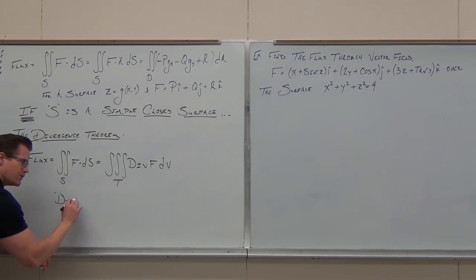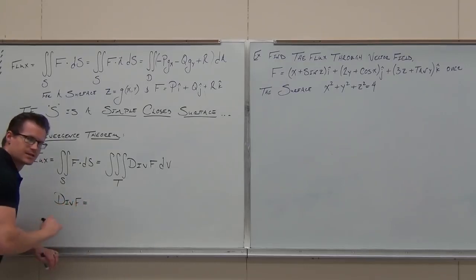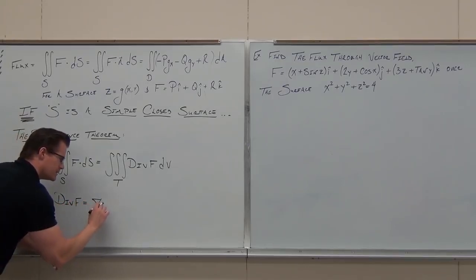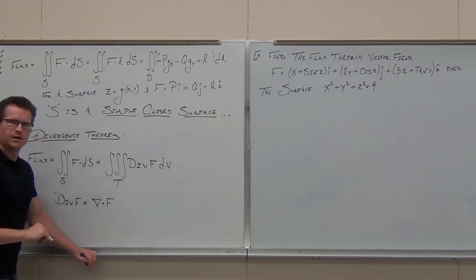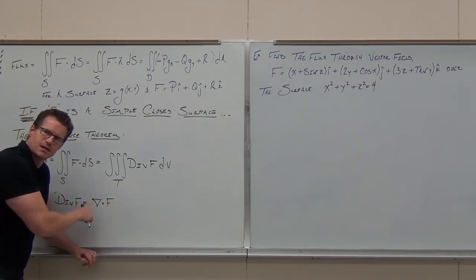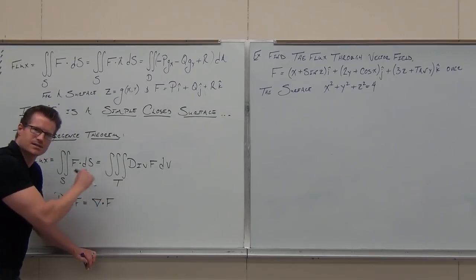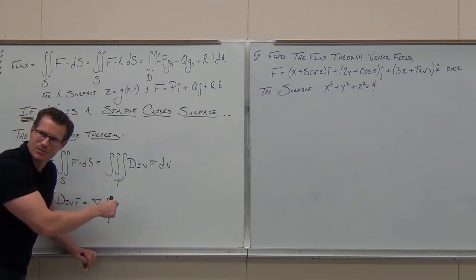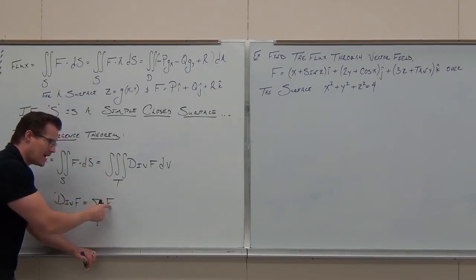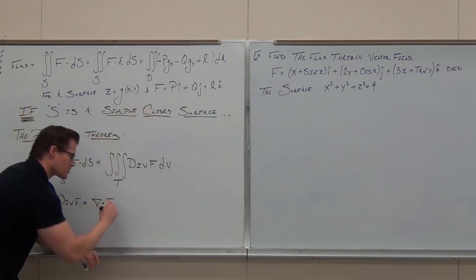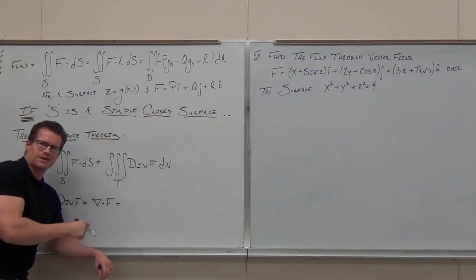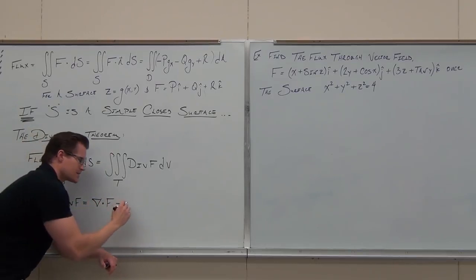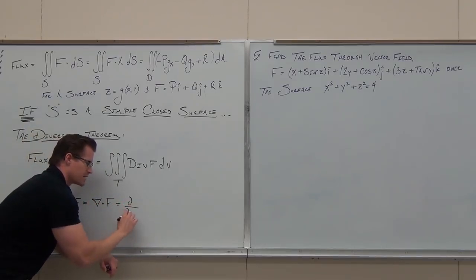The divergence of a vector field is this. It's del dot f. Del was this idea of the partial derivative with respect to x, then y, then z added up. Does that make sense to you? And then f is this P, Q, R. So if you really just wanted a formula for it, it says take the partial derivative with respect to x.